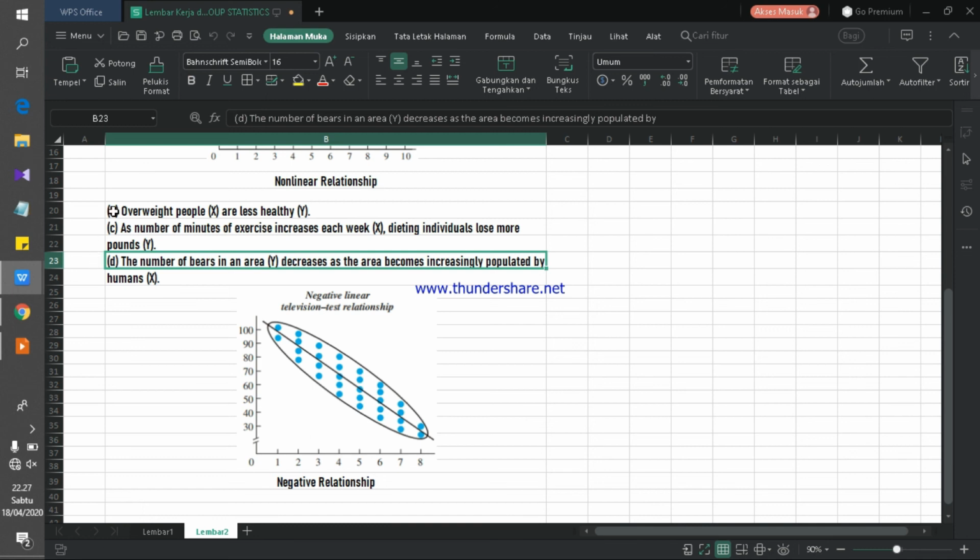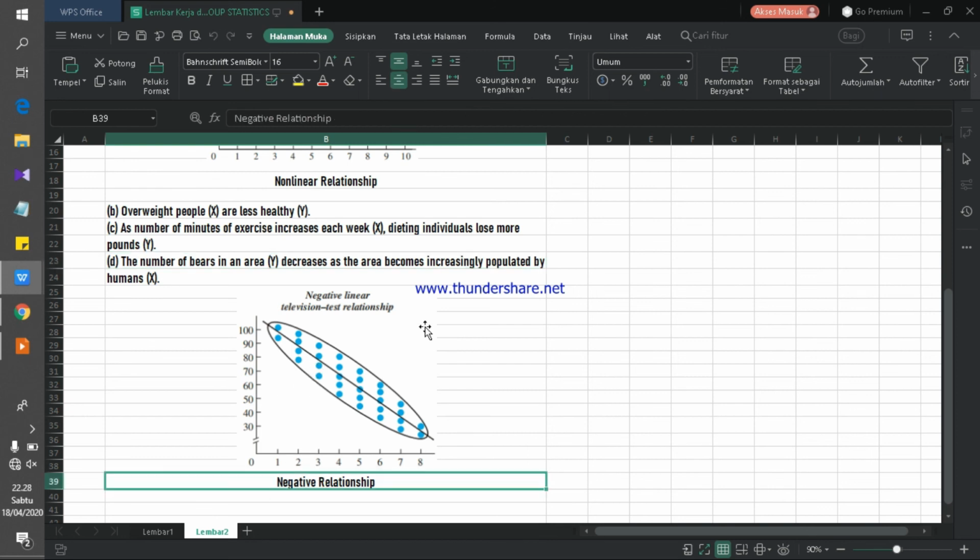That's it. So for parts B, C, and D, they have the same answer, namely negative relationship.